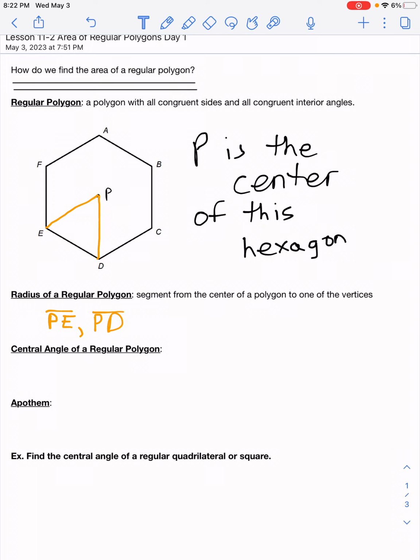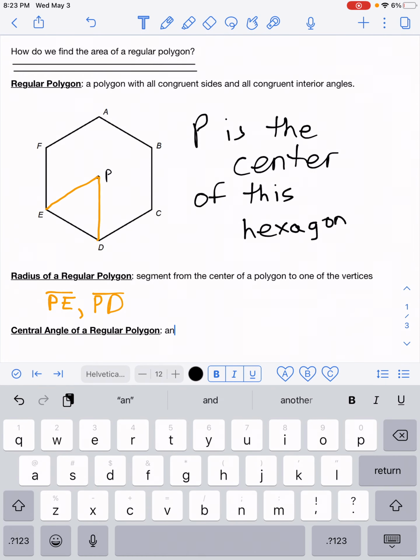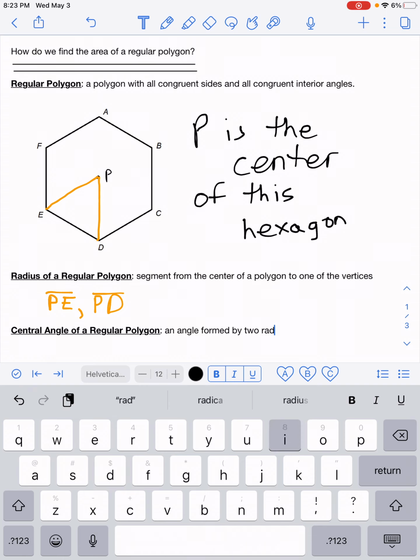Now any two of the radii of a regular polygon form what we call a central angle. A central angle is an angle formed by 2 radii of a polygon. In a circle, it would be an angle formed by 2 radii of that circle.